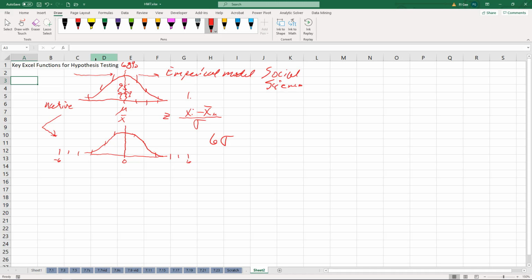So the first number, I want to create an arbitrary example here. In the first case, I'll write it in a little bit different color here. In the first case, what we'll do is we're going to show how to calculate the z. So normally you can go to the table.